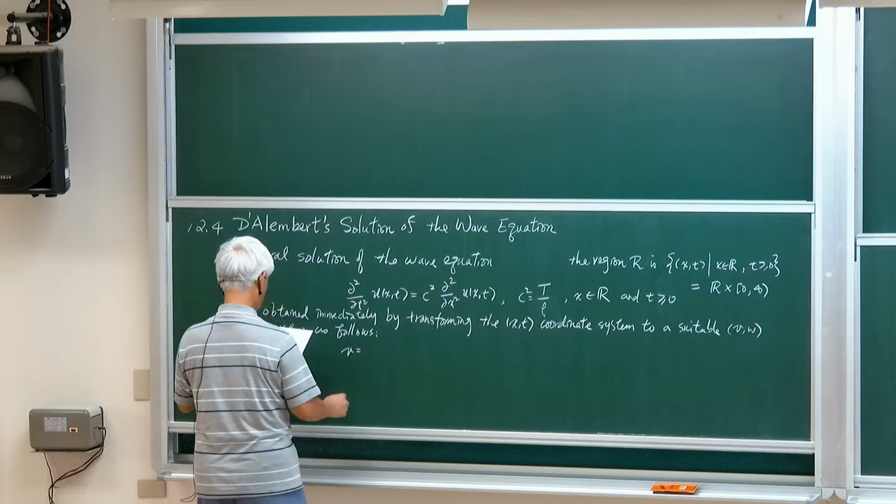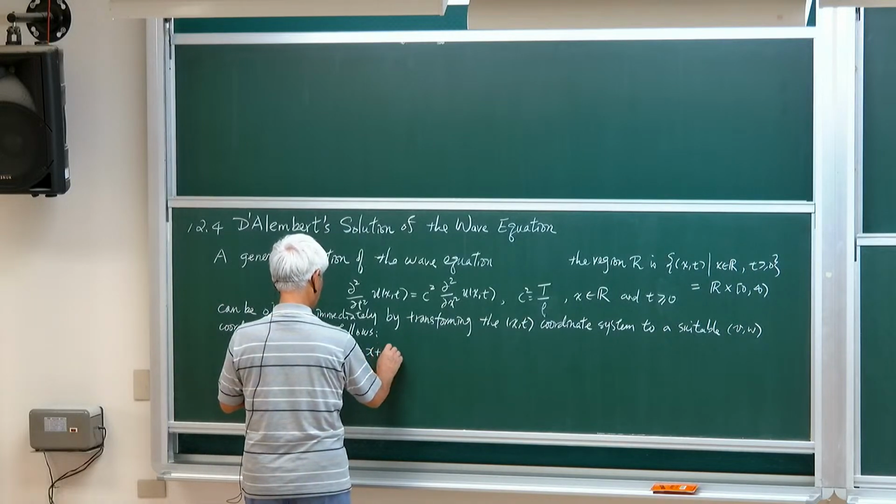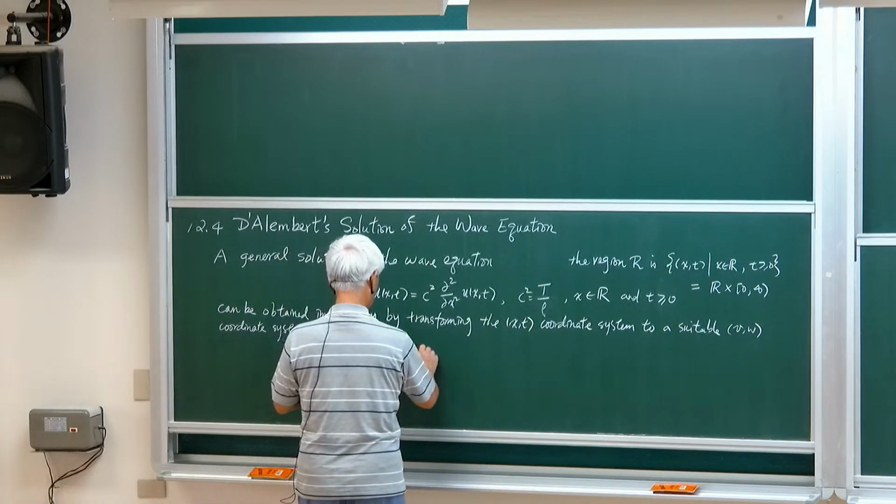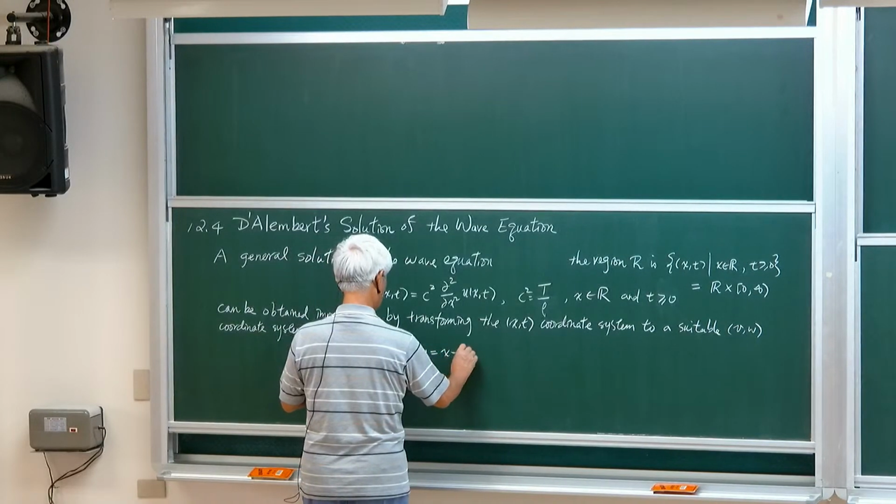V is equal to x plus ct, and W is x minus ct.